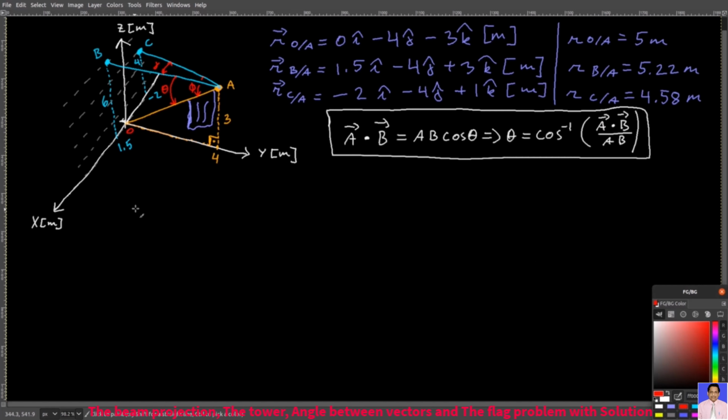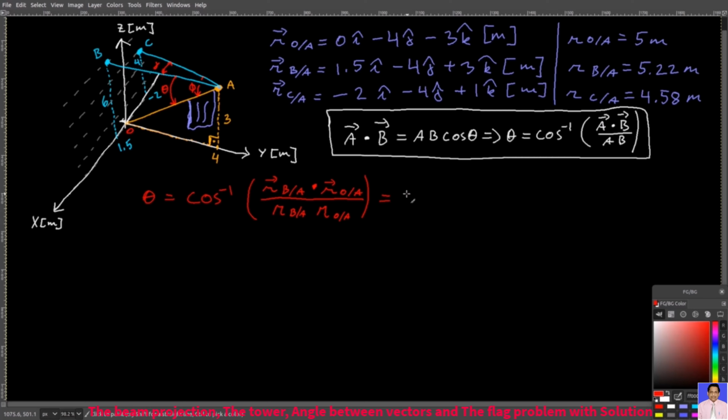And so now, in order to find this theta here, I will have theta equals inverse cosine, and then here I will have RB with respect to A dot RO with respect to A, and then I have the product of their magnitudes.